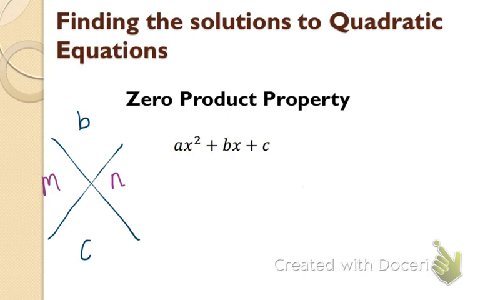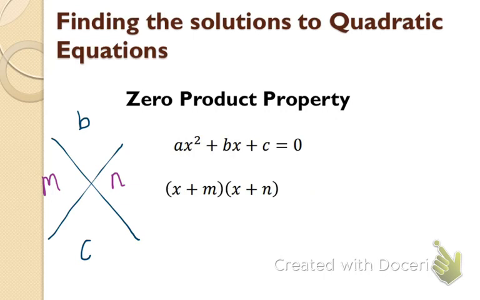So after we found our factors, we set up our two binomials with the factors in there. So again, this is still the same process. The only thing now is that the zero product property allows us to set up this quadratic expression equal to 0.